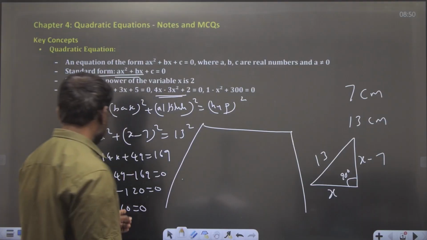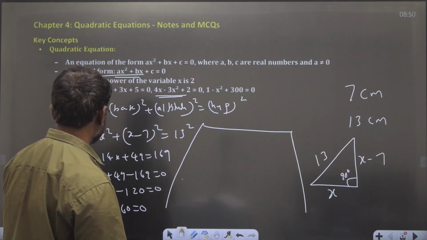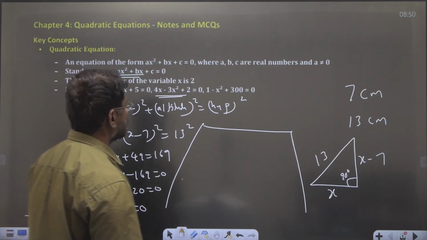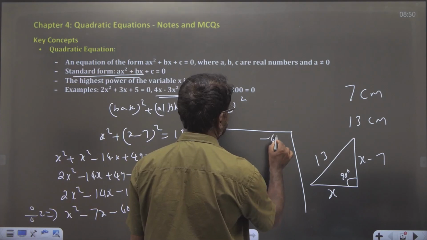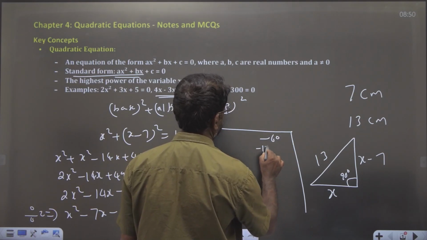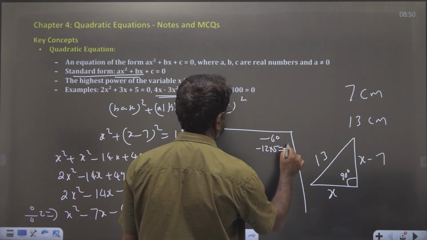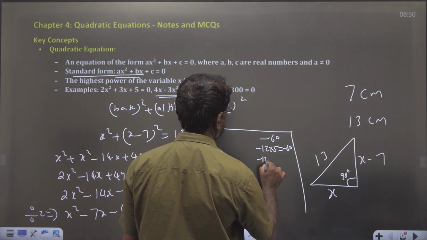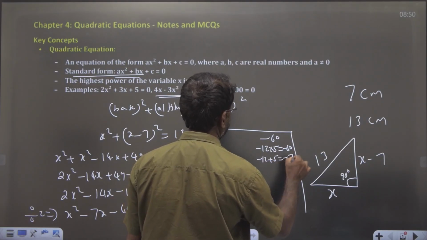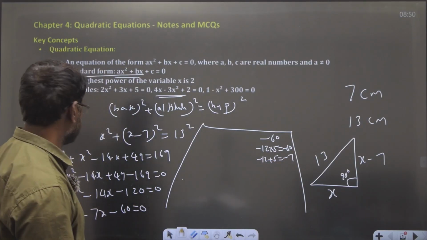Assume two numbers whose product is minus 60 and whose sum is minus 7. Negative 12 into 5 is minus 60, and negative 12 plus 5 is minus 7. Yes, it is possible.